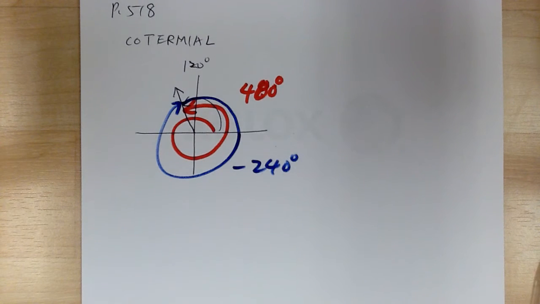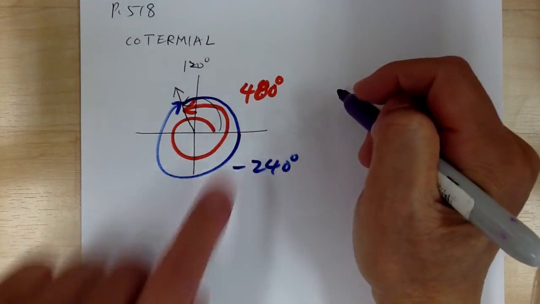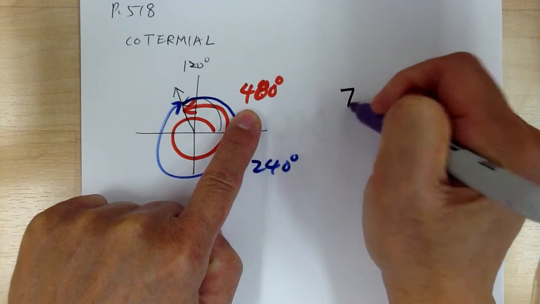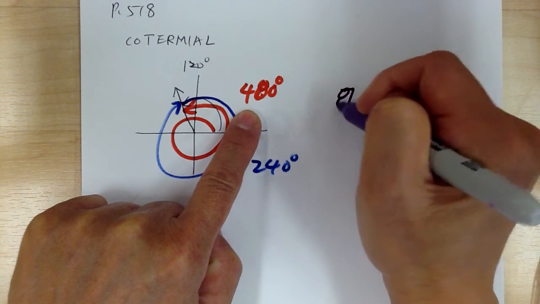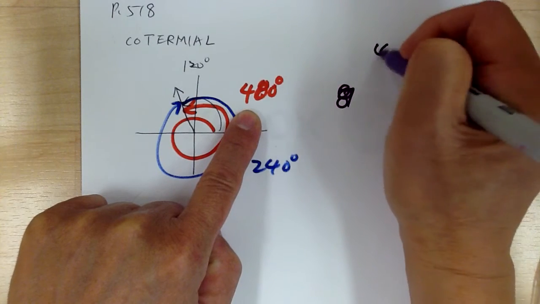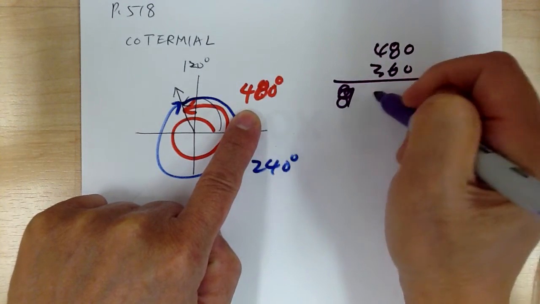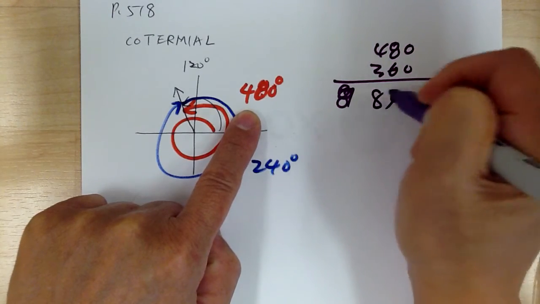So for another coterminal, you can keep adding 360. You keep going around the circle. So there are an infinite number of coterminal angles. So if you add another 360, you get 480. If you add 360 more, you get 840.